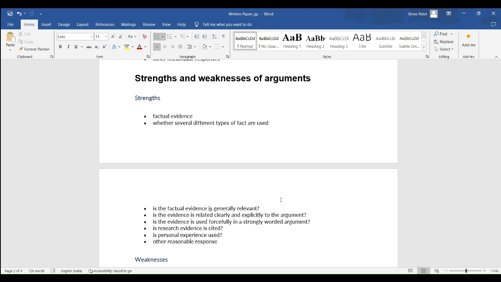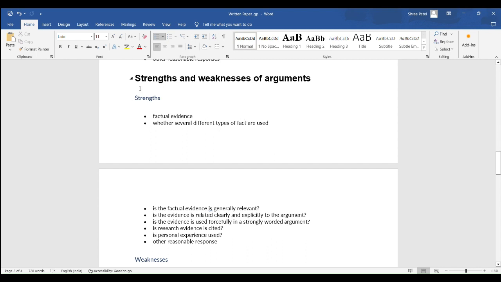I would suggest that you avoid writing in bullet points and start writing in paragraphs. Use the lines given to you and avoid writing over the lines. Whatever space is given to you, utilize that. Write in small words, don't write in very big words, and try to fit everything in the lines provided and avoid going over.